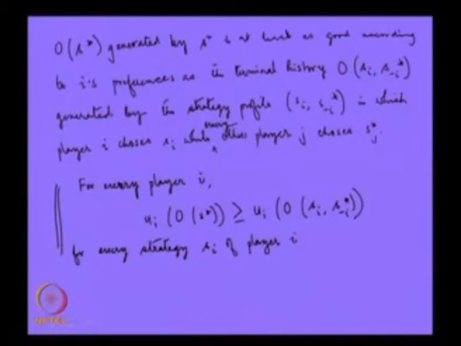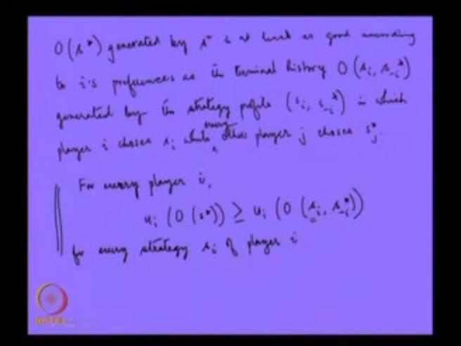Ui is the payoff function of player i, which we know is defined over the outcome or the terminal history, and we are calling s star the Nash equilibrium strategy profile if the player's payoff from s star, or from the outcome generated by s star, is at least as large as the payoff to player i if he plays any other strategy si and other players, that is not i, are sticking to their equilibrium strategies, that is, other players are playing s-i star.